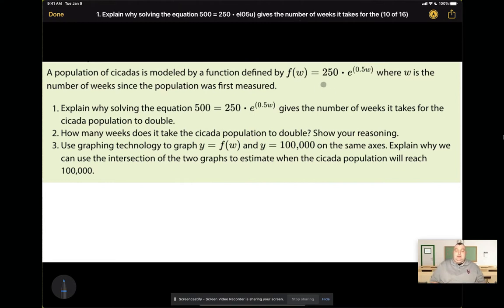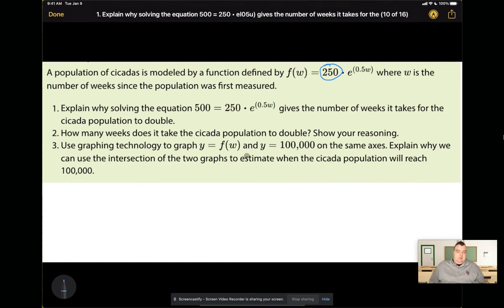Well, according to my function here, what is my initial? My initial population is 250. And what is double 250? 500. And what did they set the equation equal to? 500.